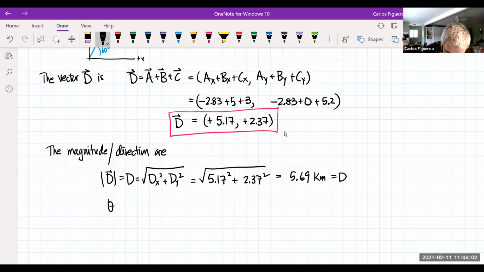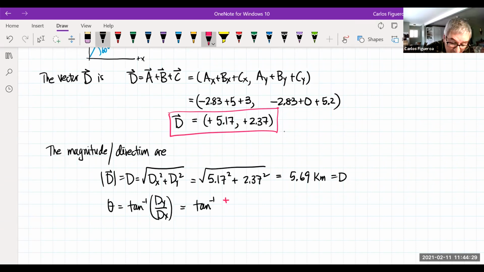The angle theta is the tan inverse of Dy over Dx. So if I plug those numbers in, I'm going to get the tangent inverse. And now look at the signs here. The signs tell us that it should be in what quadrant? The first quadrant. So I know I should have a plus sign there.